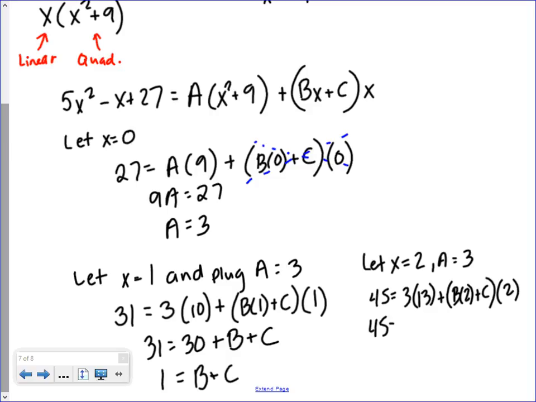So that's 45 equals 39 plus, this is 2b plus c, but then we distribute the 2, 4b plus 2c. I know I'm doing the math pretty quickly there. You could take your time and do it right. Move that 39 so we get 6 equals 4b plus 2c. And then we have two equations with b and c, and we could solve by elimination.